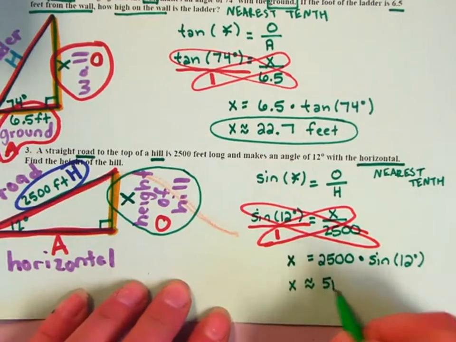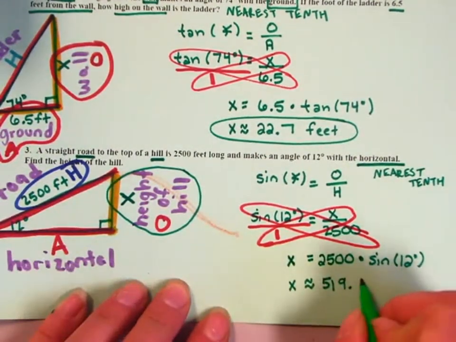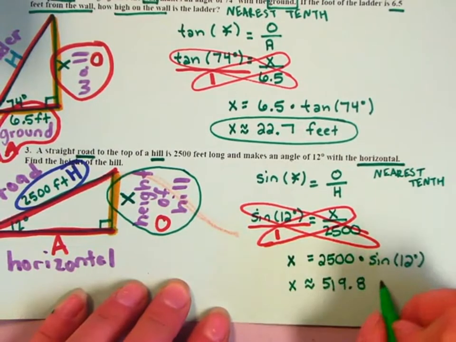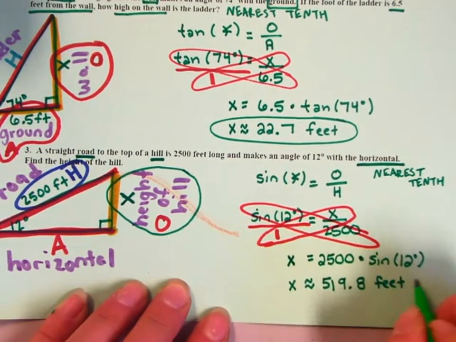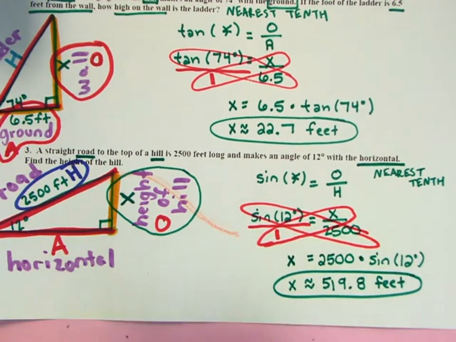Approximately 519 point what? 8 what? Feet. Approximately 519.8 feet.